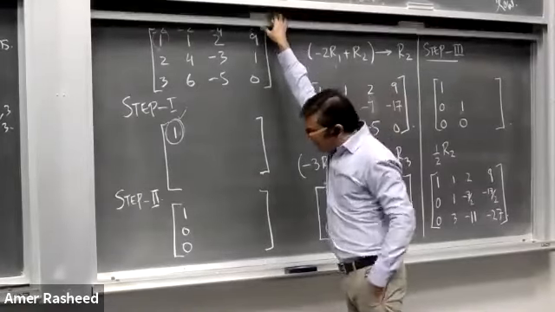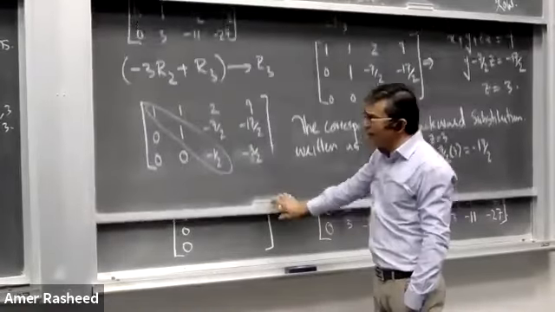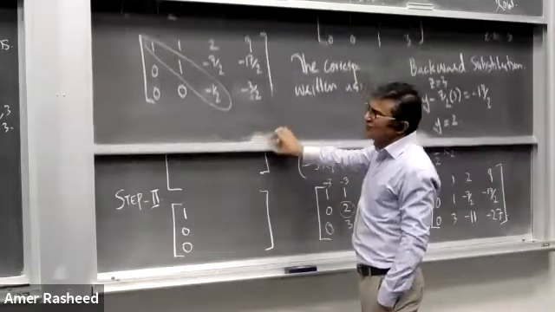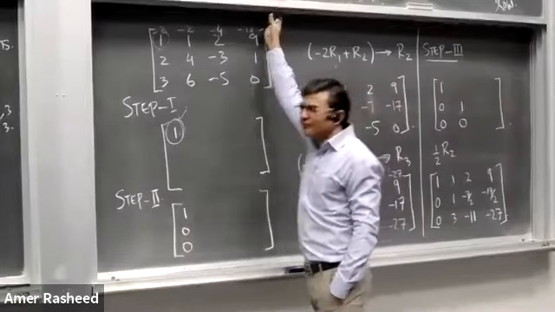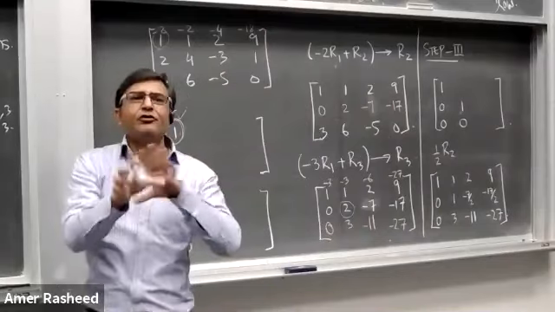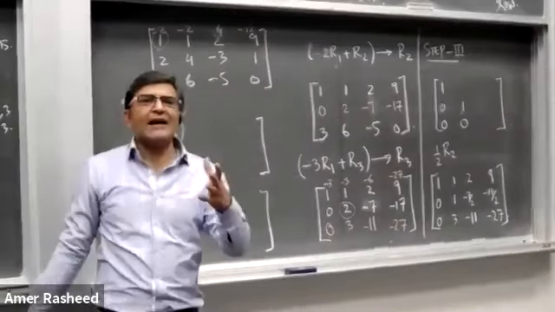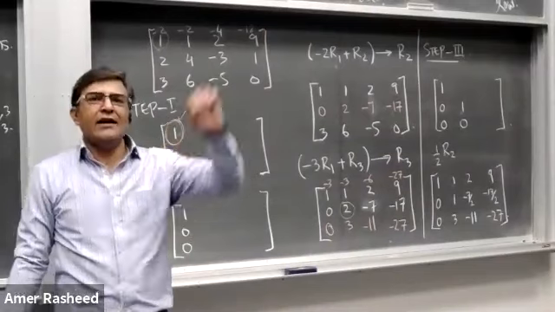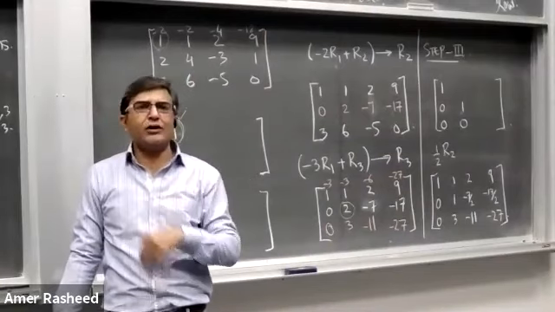Sir, we have made these entries 1 so that we can solve it by reverse substitution. So if we had any other number on the main diagonal, it'll still be in echelon form? Yes. In echelon form, it is not always mandatory to make the diagonal entries 1. There could be other than 1 as well. There is basically confusion in books. Some books say that you must make 1 in the diagonal entry in order to get the Echelon form.